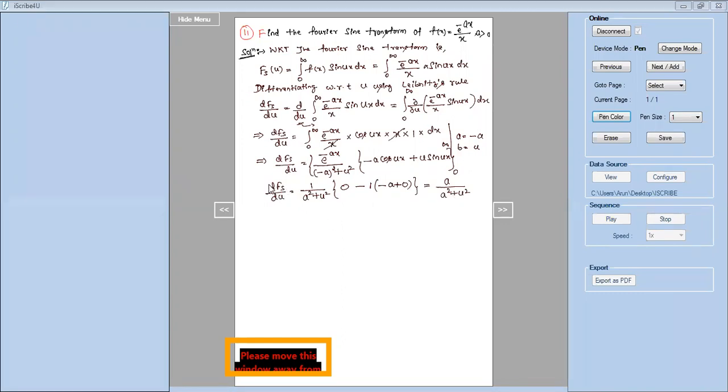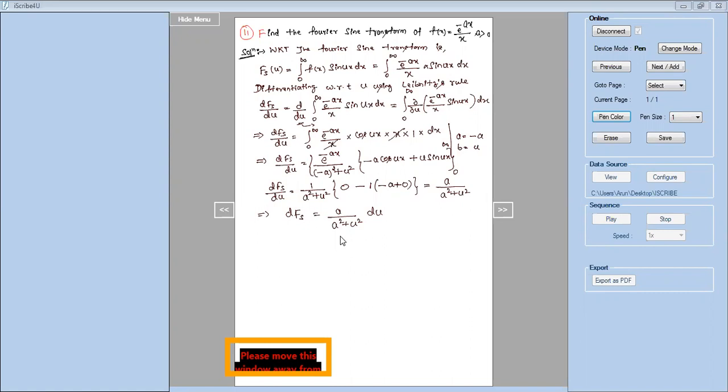On the left hand side we keep fs and on the right hand side the u term. So dfs equals a by a square plus u square into du. You can observe that the left hand side contains only fs and the right hand side contains only the u term. The variables are separated.